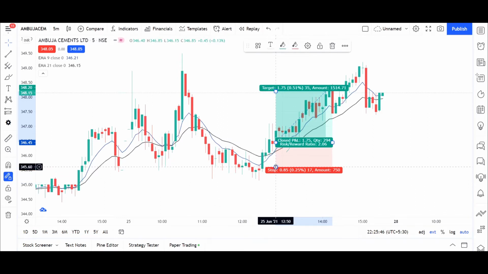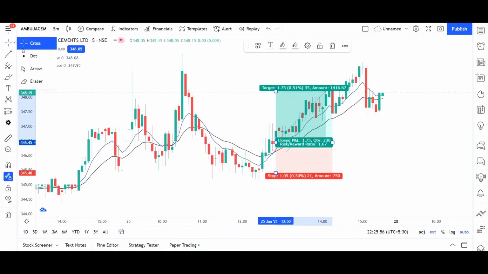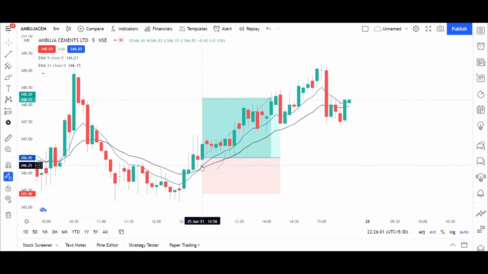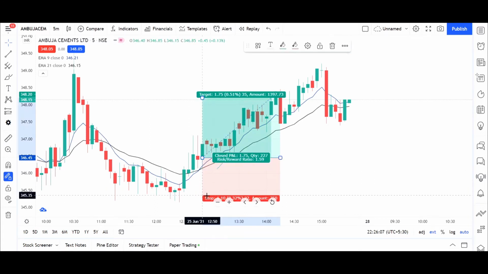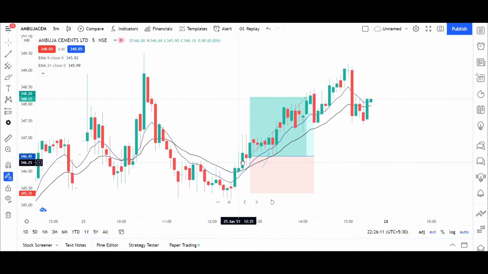Your stop loss will be around 0.30% below the 9 EMA, which would be somewhere right here, okay? Sometimes what happens is it goes down.